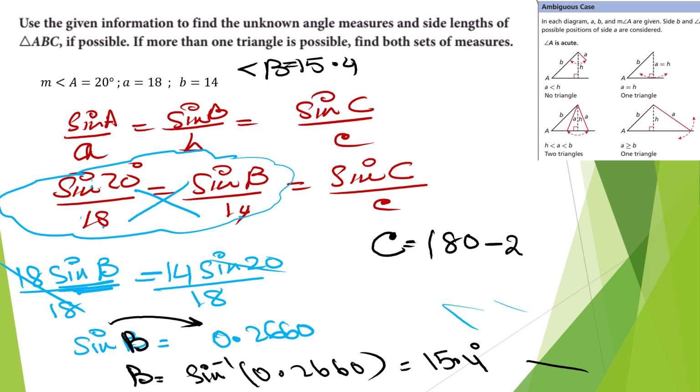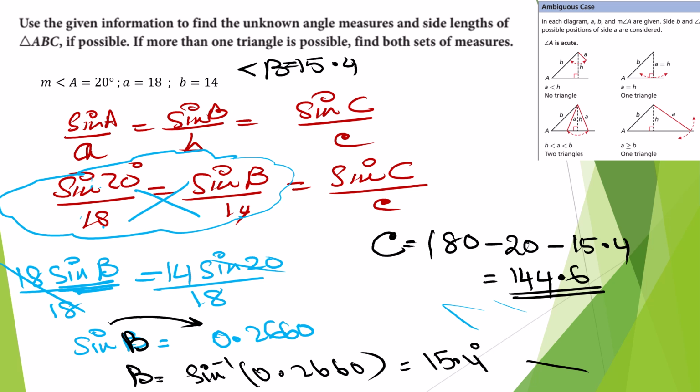It means 180 minus 20 minus 15.4. So the answer is 144.6. So this is how I can find out my angle.